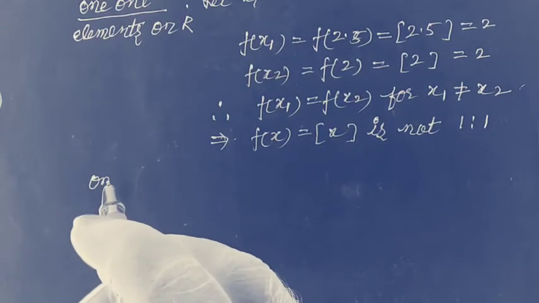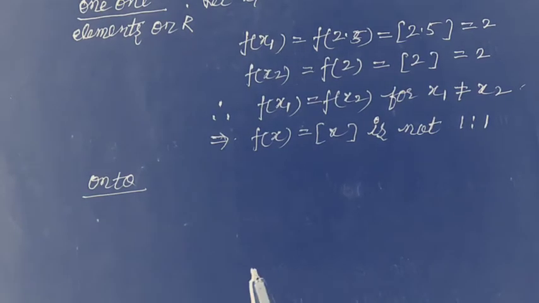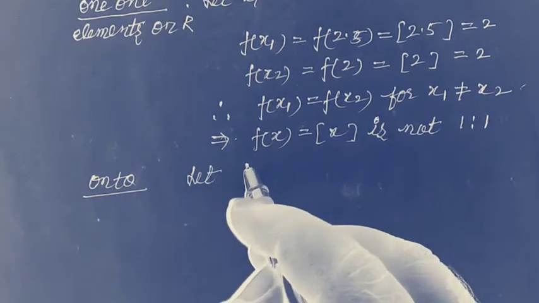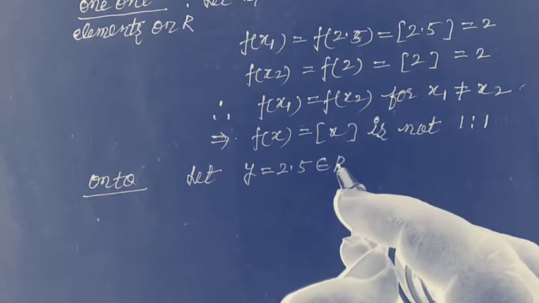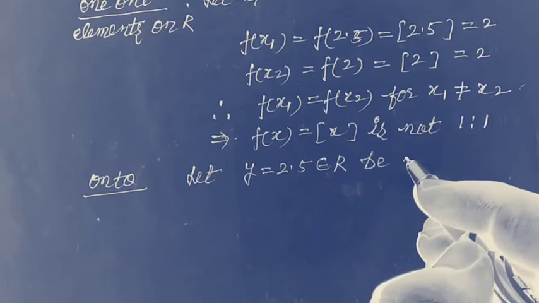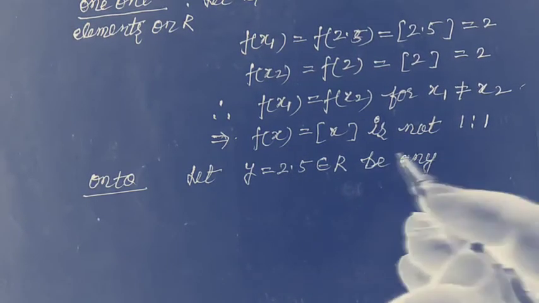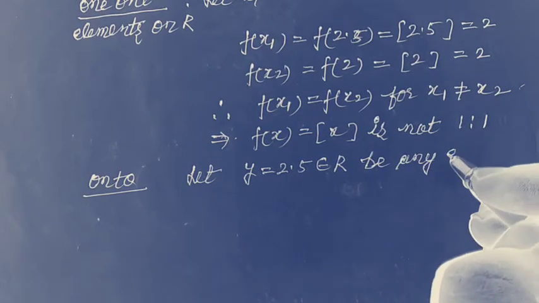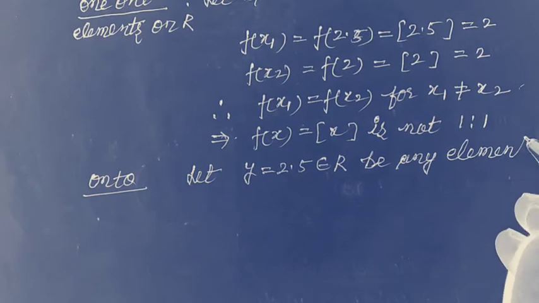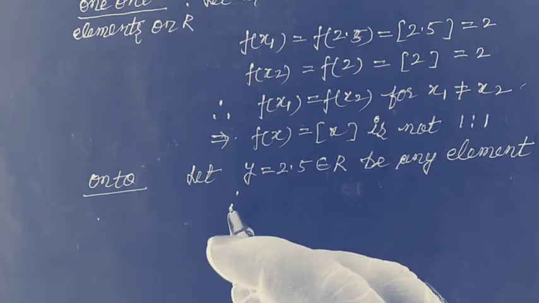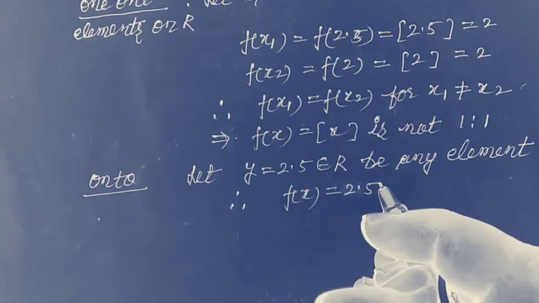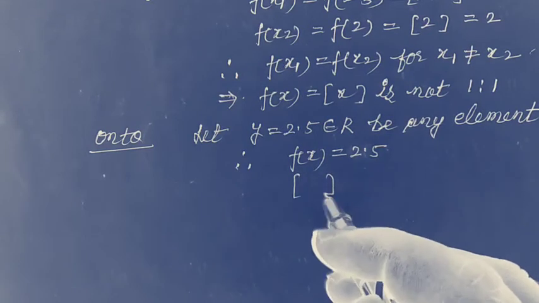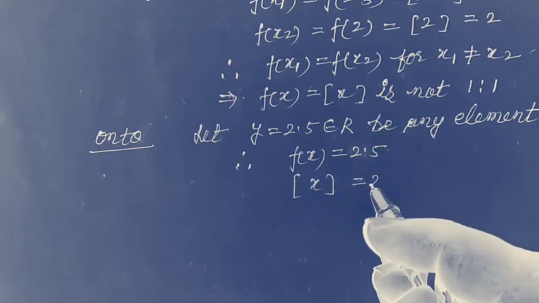Now see whether it is onto or not. Let y equal 2.45, belonging to the real codomain, be any element, therefore f(x) equals 2.5, and we can write the greatest integer function of x as 2.5.